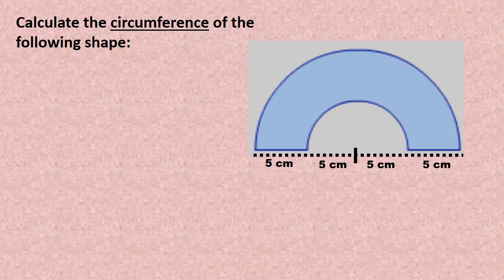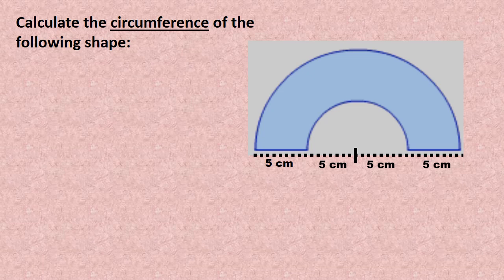Let's quickly have a look at the last example. Calculate the circumference of the following shape. As we can note, it is a half circle. So we need to remember to divide our answers by 2. We can see that each section is 5 centimeters long.